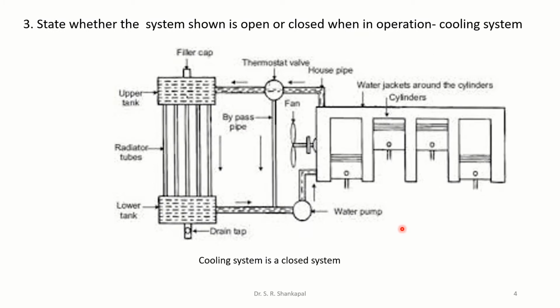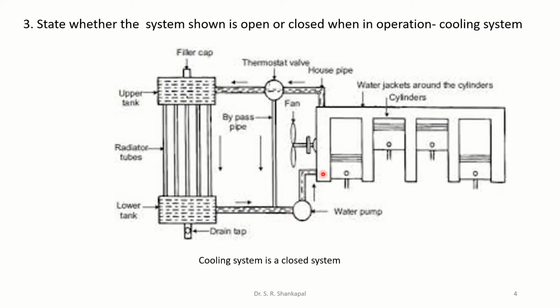Let us consider the next example. State whether the system shown is open or closed when in operation. That is only the cooling system of the engine you consider. This is the radiator. This is the upper tank. This is the lower tank. This portion is the engine jacket.